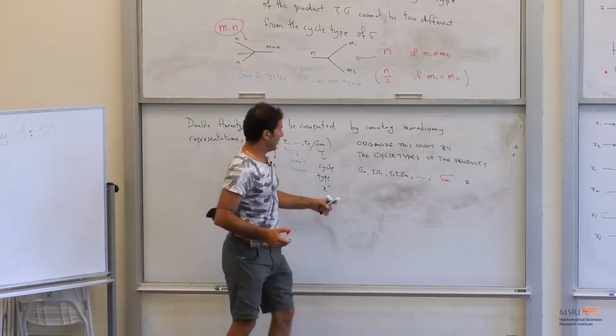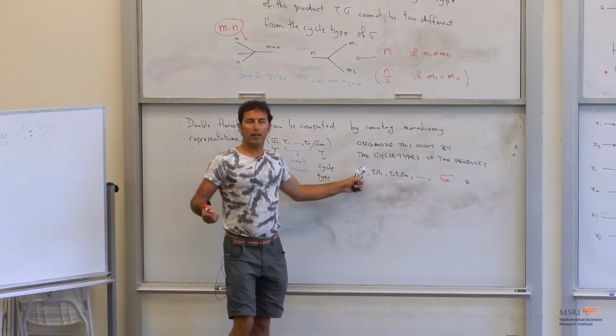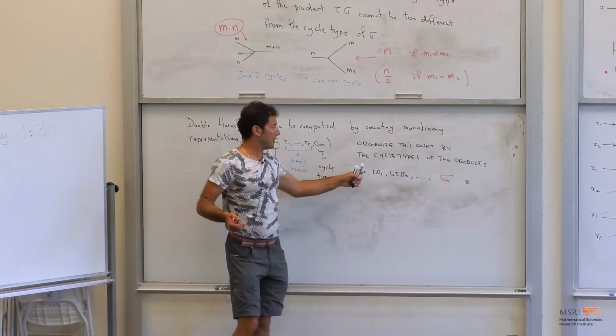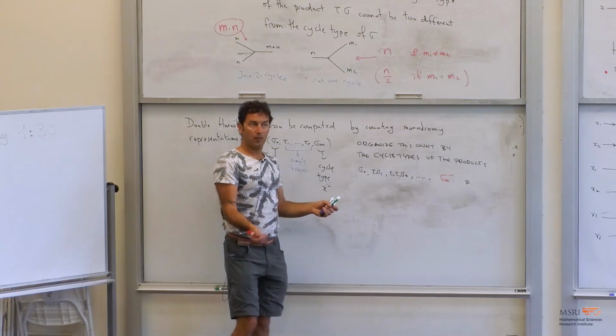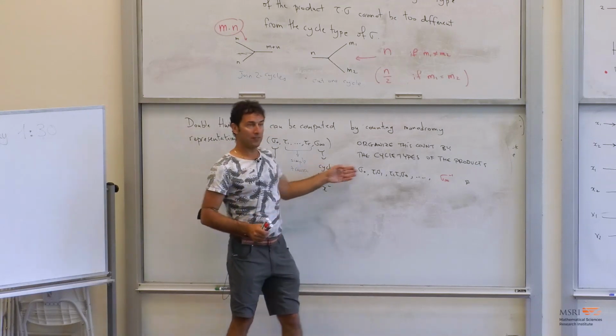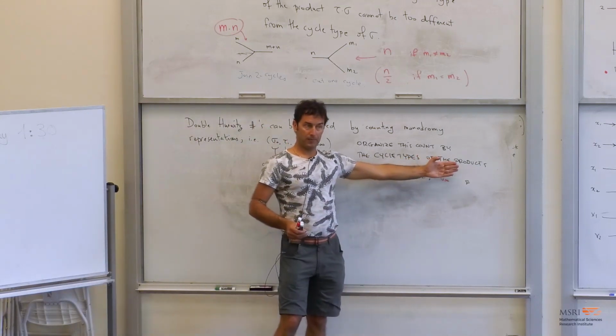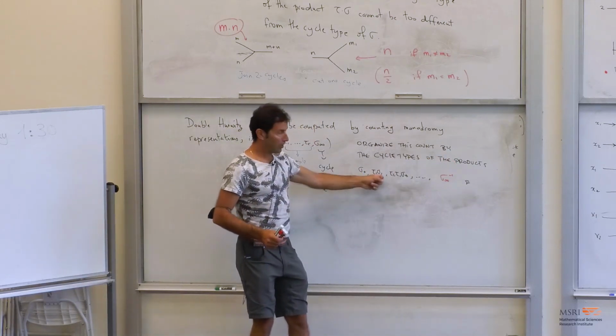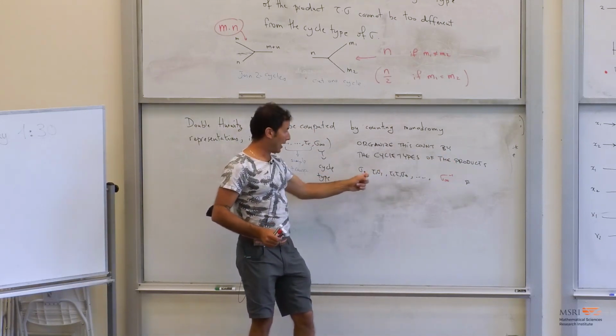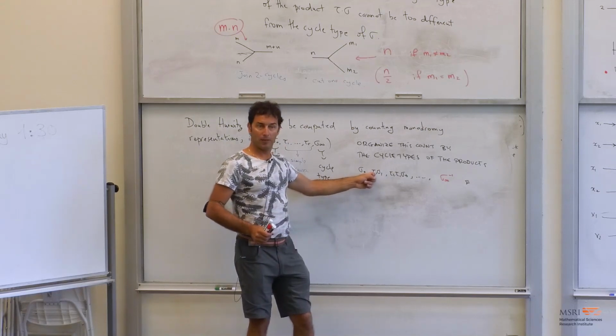But now I say, okay, what is one way to keep track? First of all, what happens between here and here? I'm multiplying by a transposition. So I have a list of cycle types where the consecutive entries differ by having multiplied by a transposition.